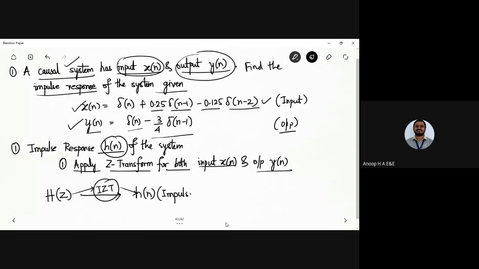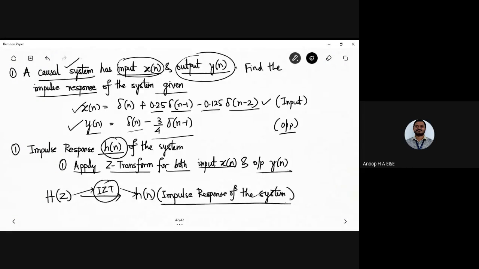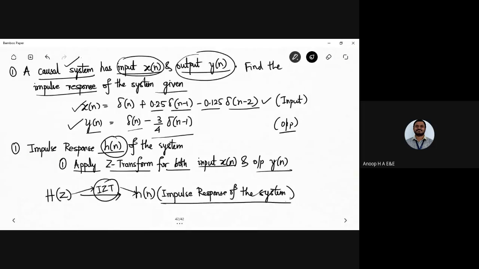Later on, from h of z you can find h of n by taking the inverse z transform of it. If you apply the inverse z transform to h of z, you will get the impulse response of the system. So this is the overall procedure by which I can calculate the solution to the given problem, that is, x of n and y of n.